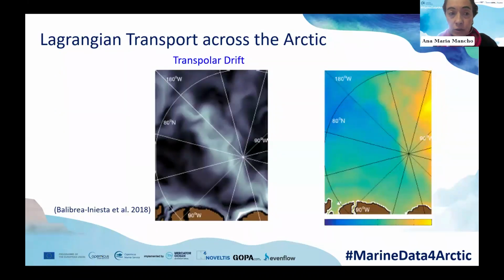So we have also been using this Lagrangian tool to identify in the Arctic Ocean this feature that is the transpolar drift, which was the object of study in an expedition, the MOSAiC expedition, 2 years after this article was published.